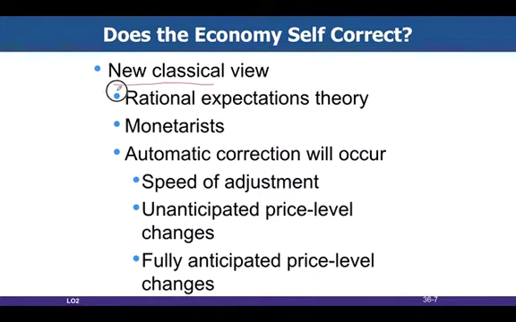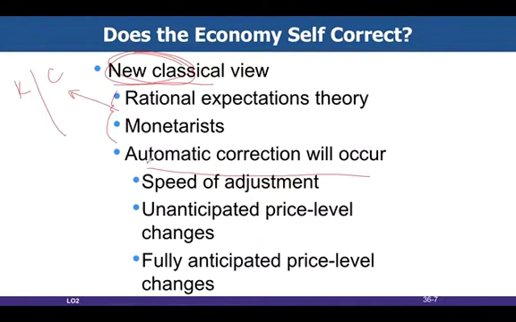All right, so RET, rational expectation theory, and monetarist, they are both new classical schools of thought. So if you go back to what I had before, Keynesian here and classical here, these guys are both there. So they believe that automatic correction will occur, okay? And we'll talk about RET in a minute.